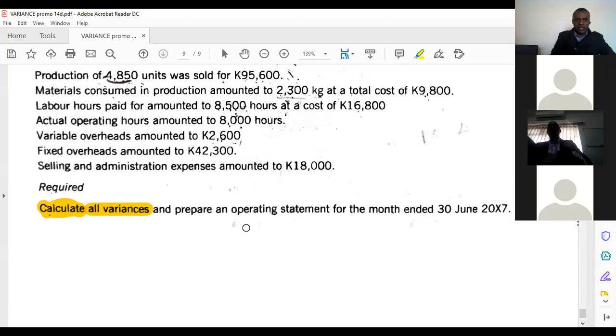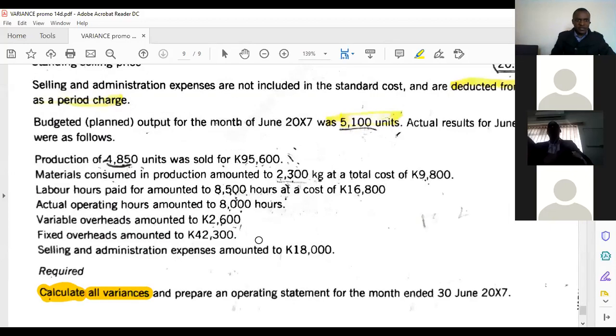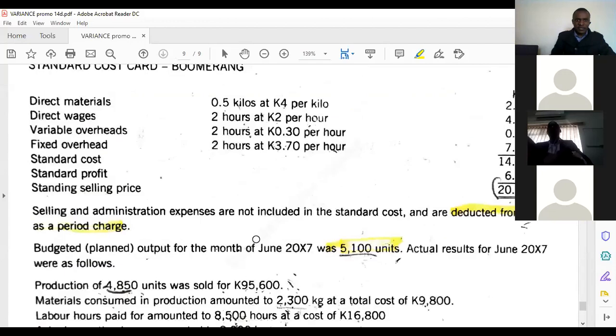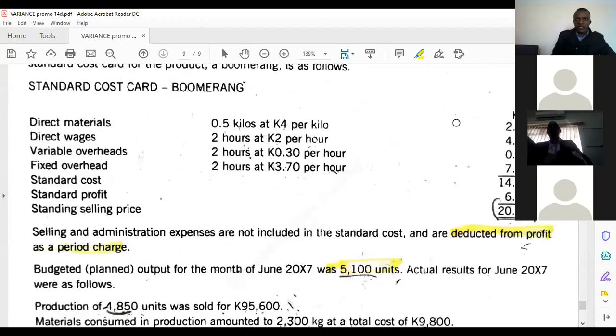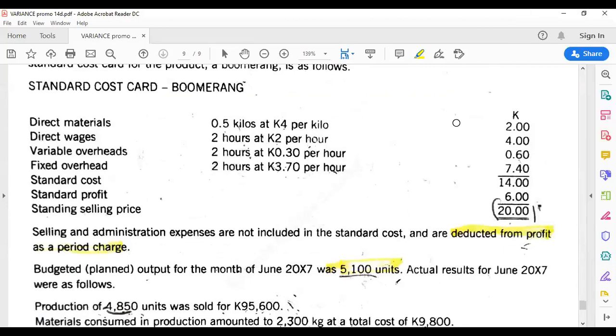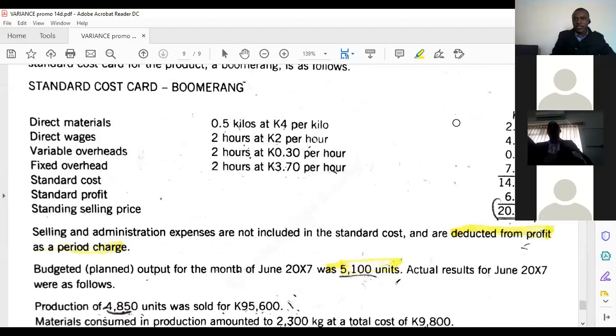If you look at our question here, we have been helped with the cost card. The standard cost card has been given to us, and I want to begin by looking at the standard cost card.